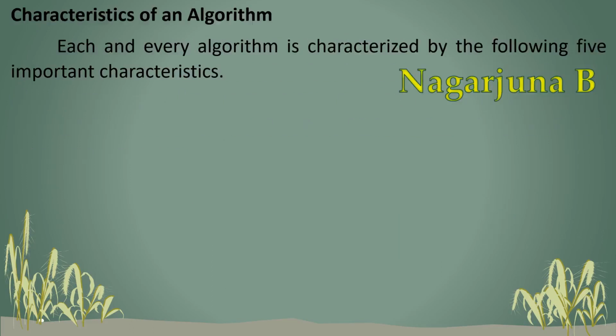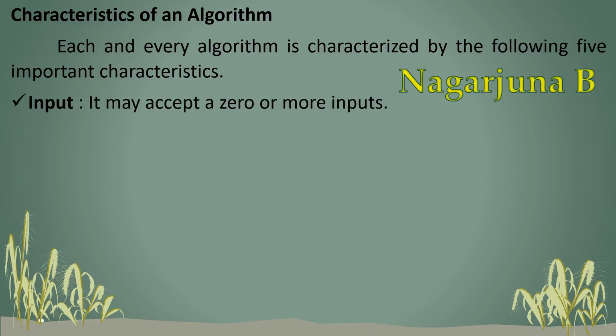Characteristics of an algorithm. Each and every algorithm is characterized by the following important characteristics. First one is input. It may accept zero or more inputs. That is, to solve a problem, we need to provide input, and it depends upon what problem you are going to solve.